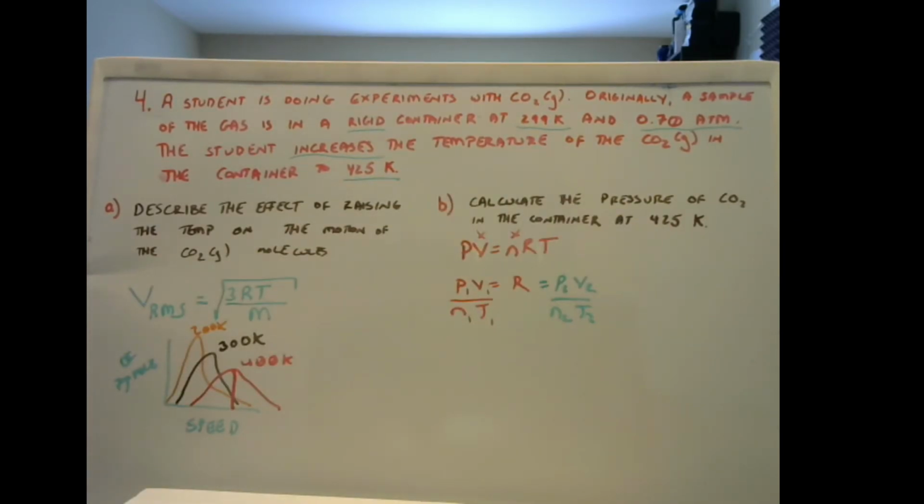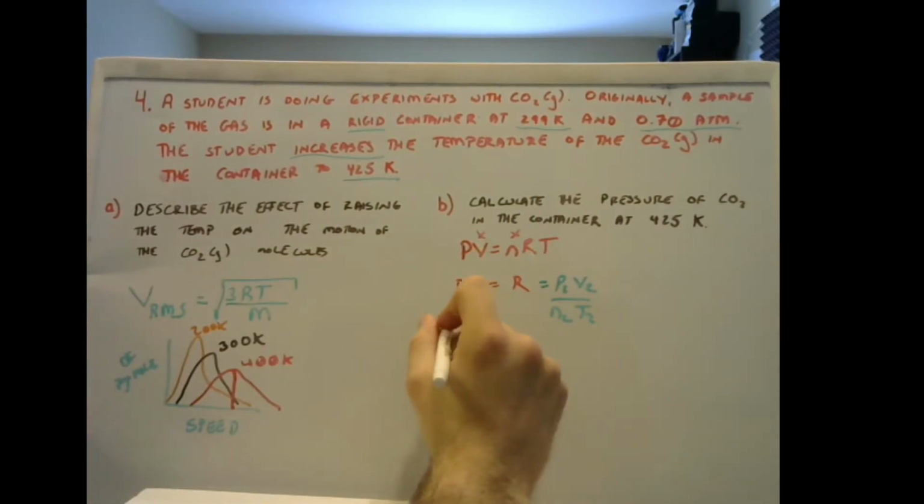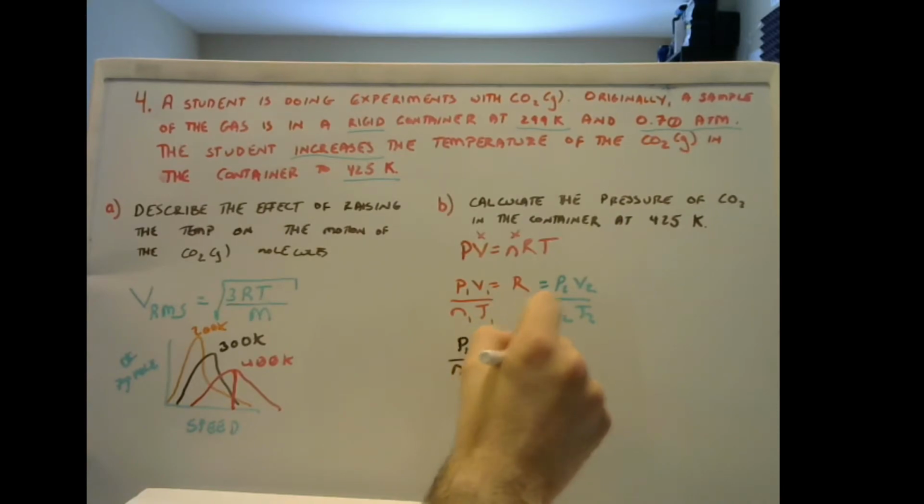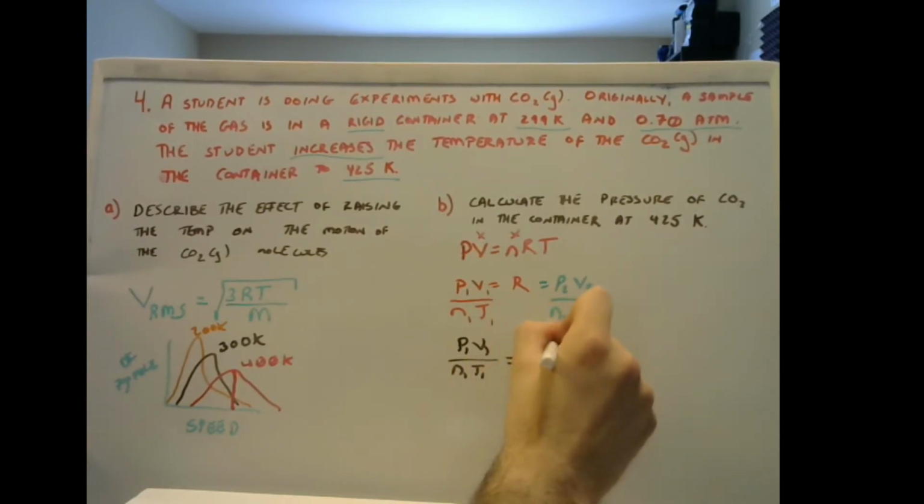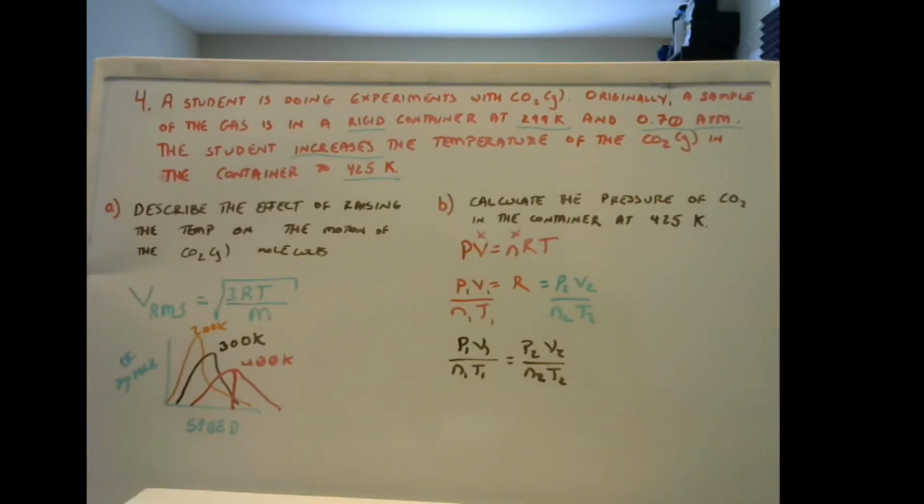And this combined equation here allows me to solve for any changing variables. So P1 V1 over N1 T1 equals P2 V2 over N2 T2. And this is the combined gas law that allows you to solve for any number of changes.